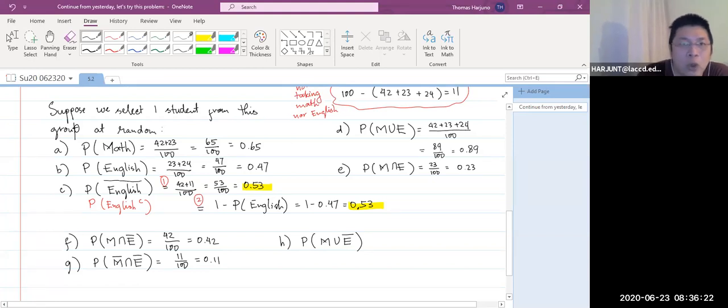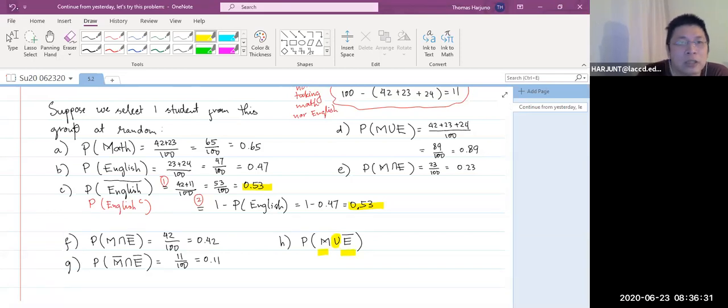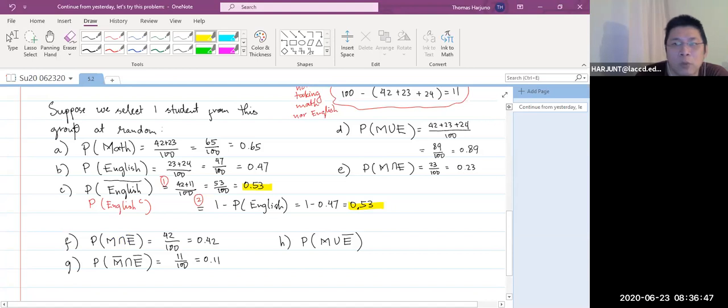Now remember, the or means as long as it satisfies either one of them, you count it in. It's different from intersection. For intersection, it has to satisfy both. Union, it satisfies either one of them.